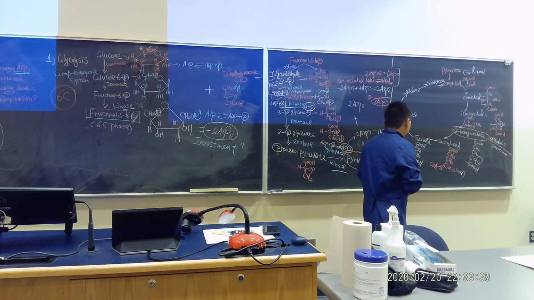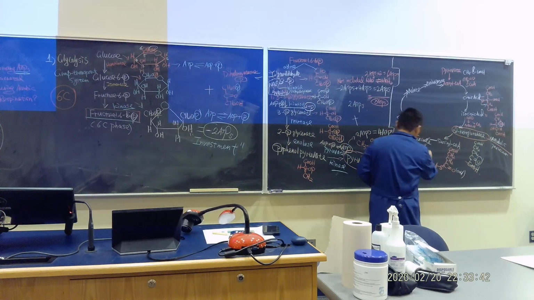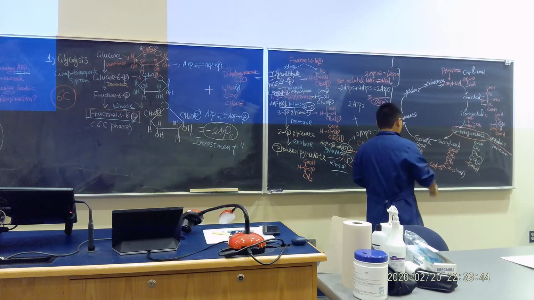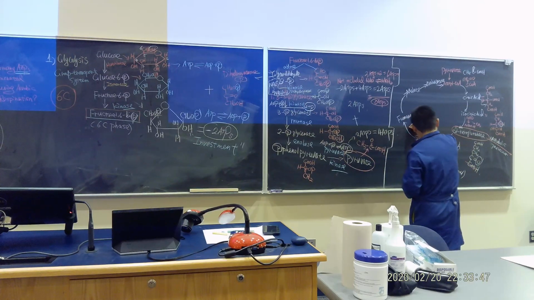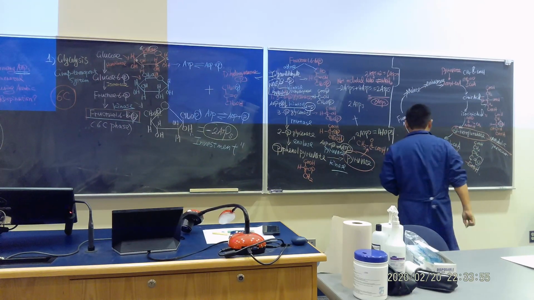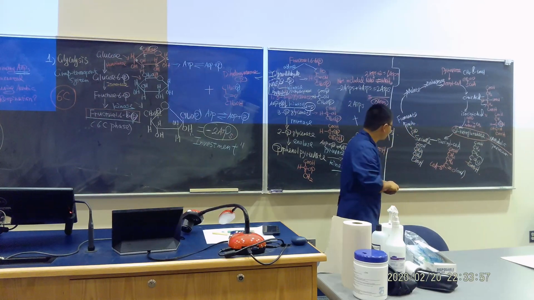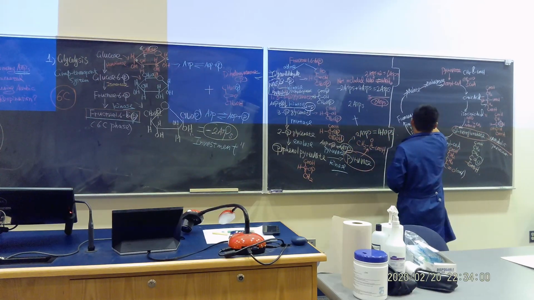Okay, succinate goes to fumarate. What are you going to have? Here, something special happens. FAD is reduced to FADH2. These protons are gone. So what is the structural formula?